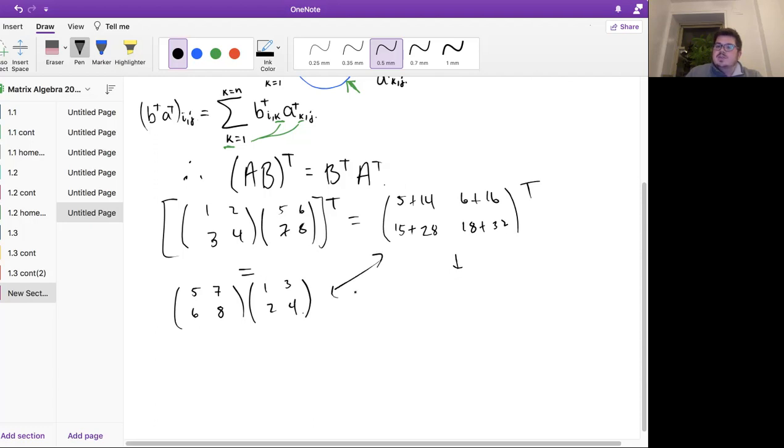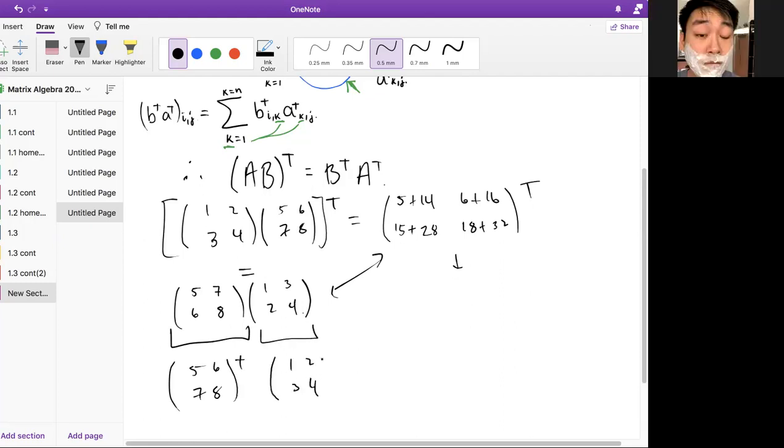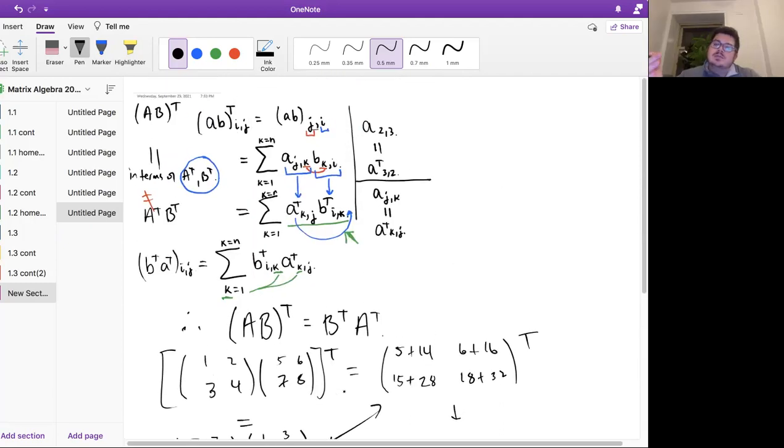These should be the same numbers, the same matrix. Does that make sense? So taking the product, this is equal to 5, 6, 7, 8 transpose, and this is equal to 1, 2, 3, 4 transpose. Okay, so just a neat proof. It's getting us used to the summation formula and how to work through this notation.